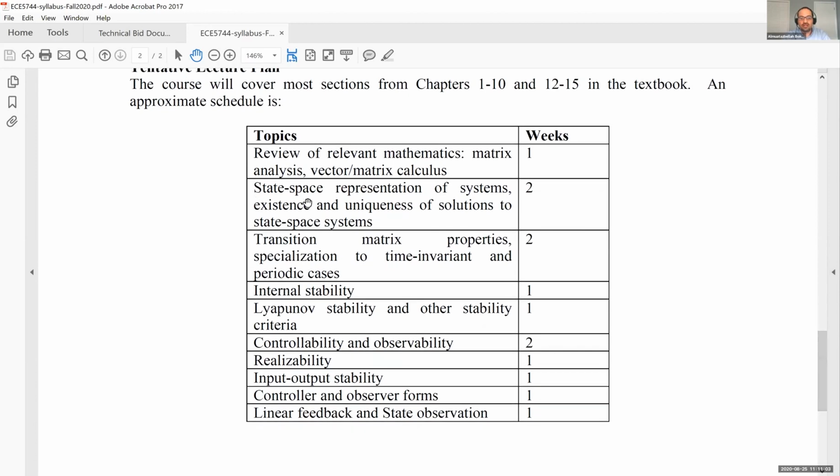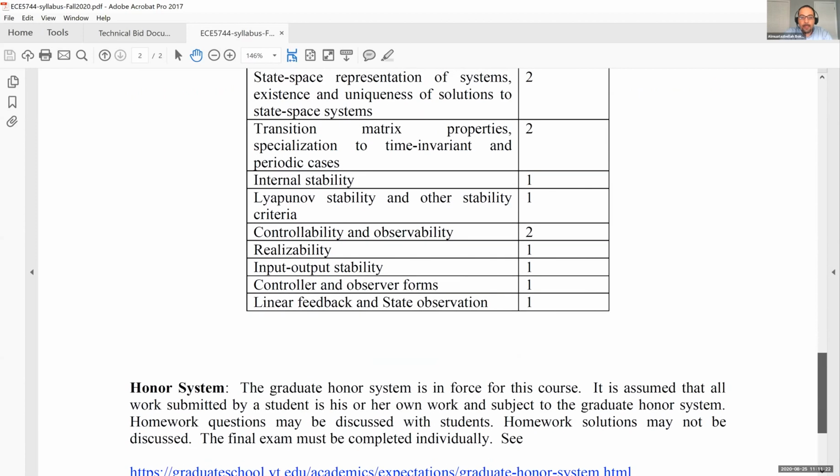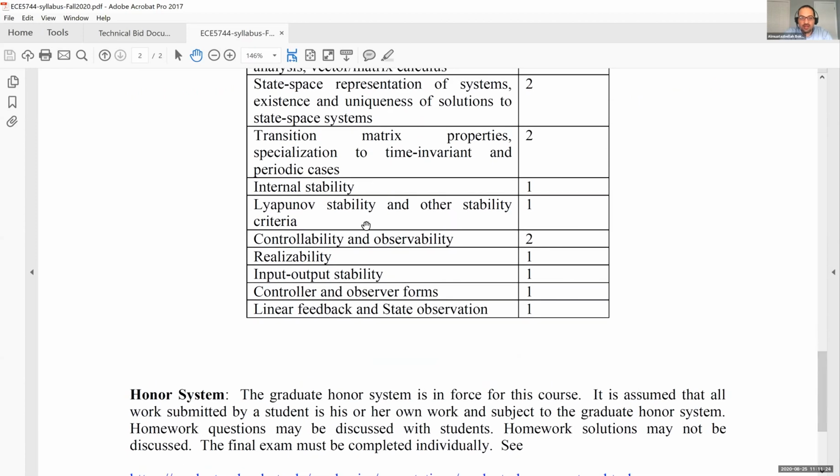We'll also cover state space representation of systems, existence and uniqueness of solutions to state space systems, transition matrix properties, and specialization to time invariant and periodic cases. We'll also cover internal stability, Lyapunov stability and other stability criteria for linear systems.